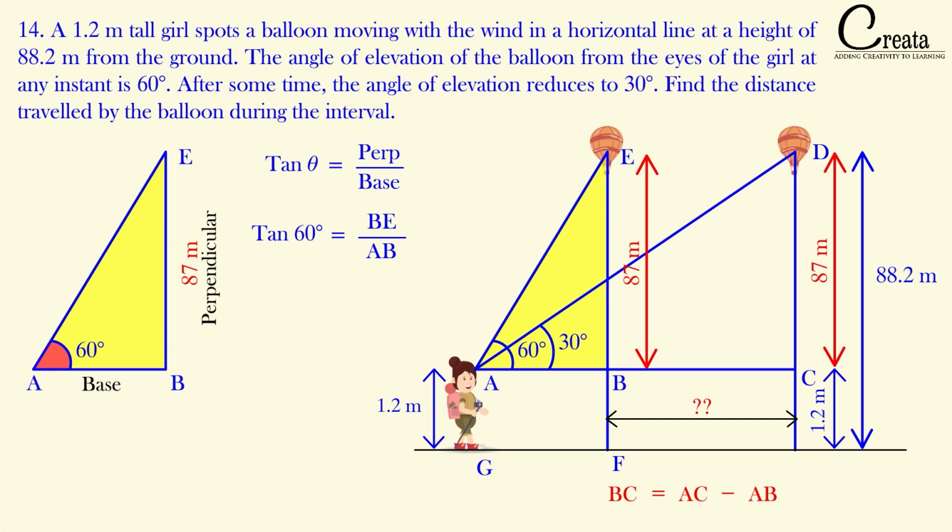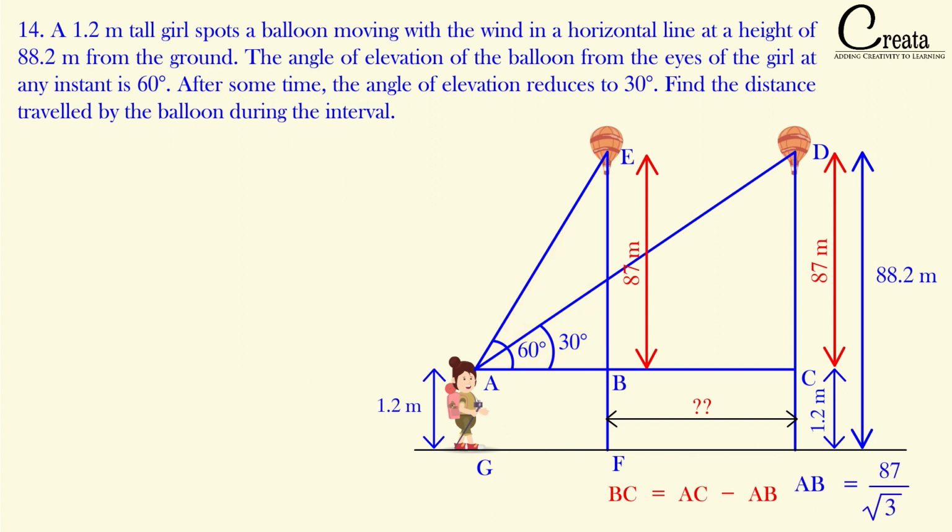Tan 60 degree is equal to BE upon AB. And BE we have just calculated as 87 meter. And what is the value of tan 60 degree? It is root 3. So we got AB as 87 upon root 3 meter. We got one part of the question, that is AB is equal to 87 upon root 3 meters.